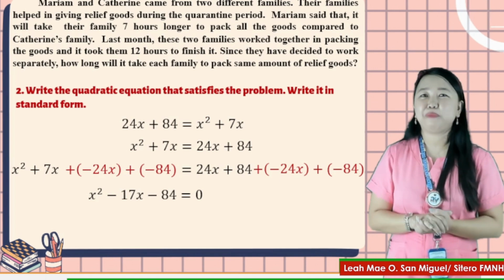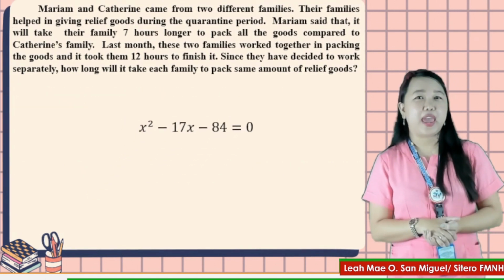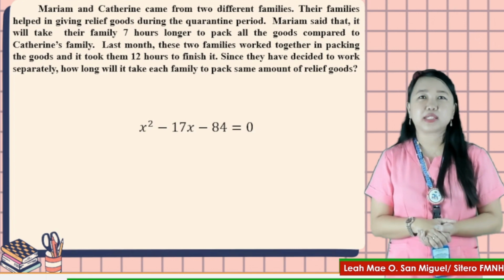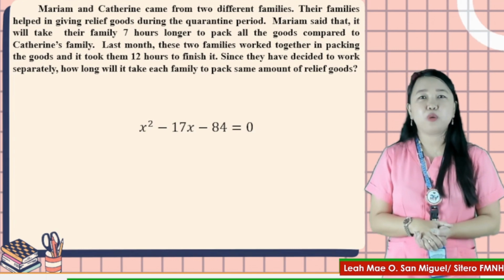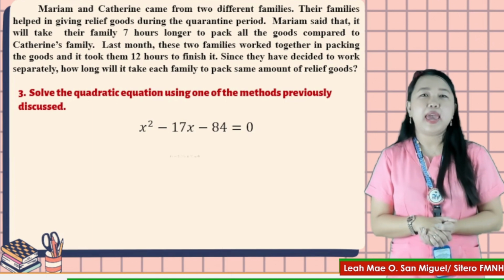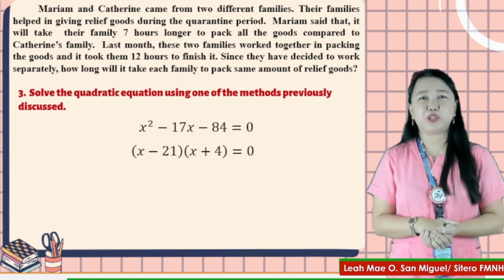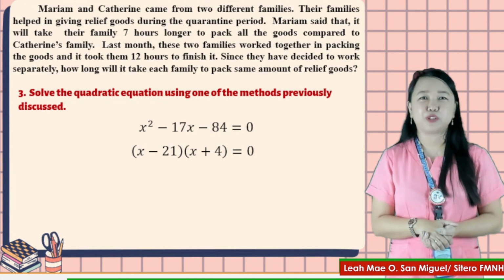And this can be solved by factoring, where x squared minus 17x minus 84 is equal to the product of the binomials x minus 21 and x plus 4. Hence, x minus 21 times x plus 4 is equal to 0.